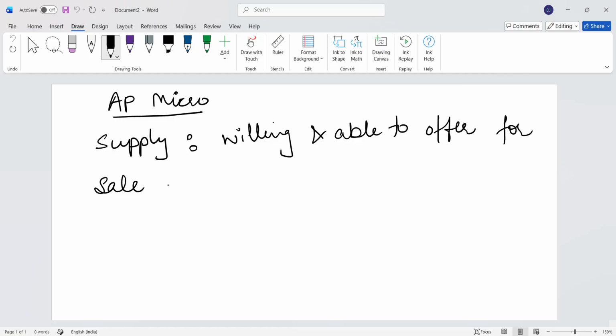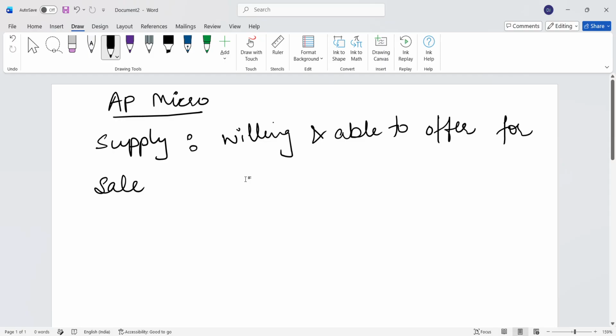Just like demand is the willing and able to buy amount of goods and services, similarly you have supply, where the producers are willing and able to offer for sale at various prices in a given time period. Very simple. If you have understood demand, it's easy to understand supply as well.